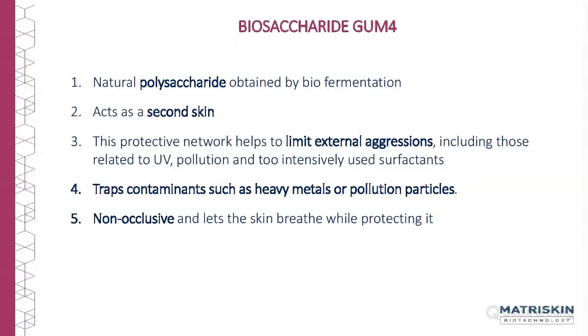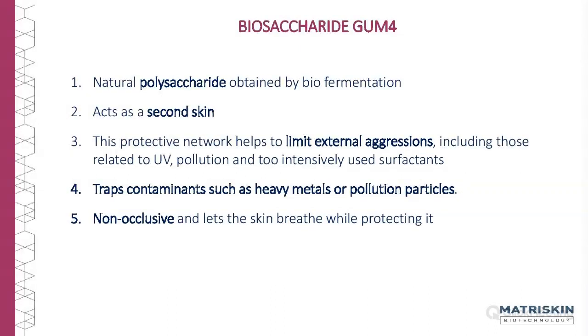The next ingredient is your biosaccharide gum 4, which is a natural polysaccharide obtained from biofermentation. It basically mimics your natural epidermal lipids to act almost like a second skin. It is ideal for patients that have a drier skin or that tend to lose moisture quickly due to external aggressions.